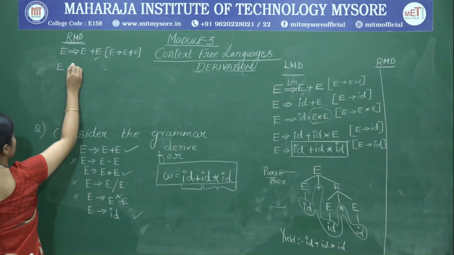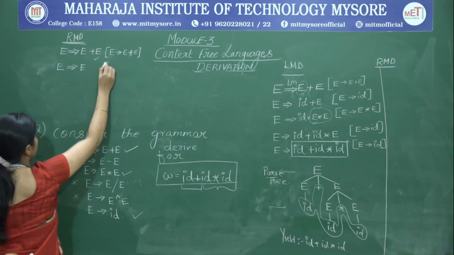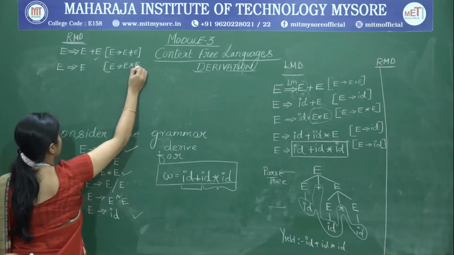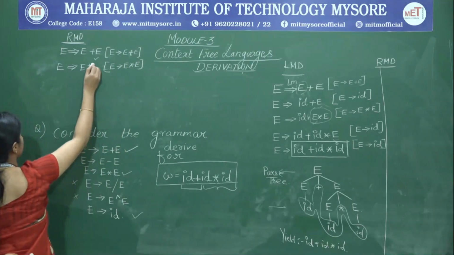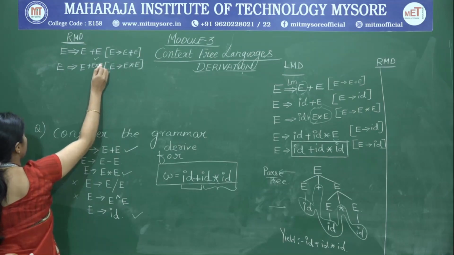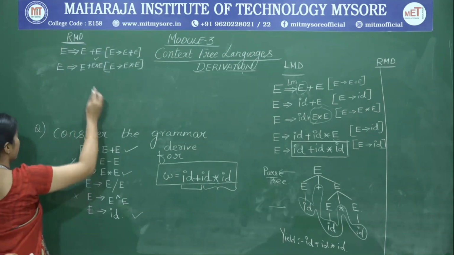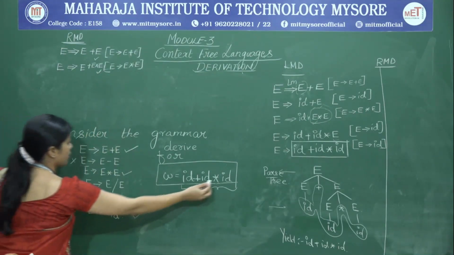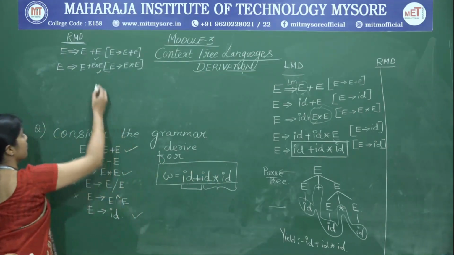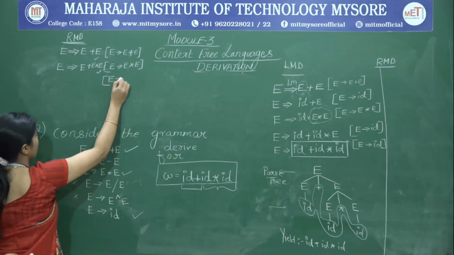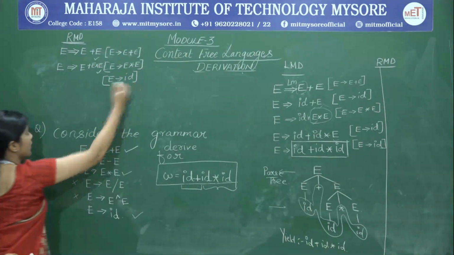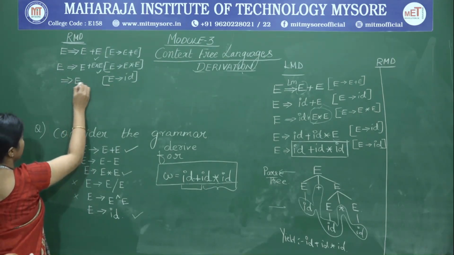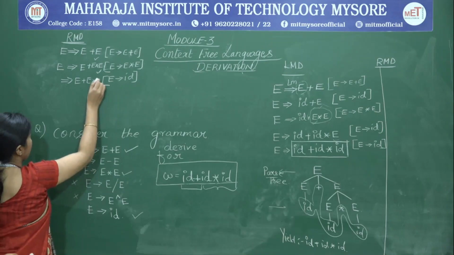First time I have used E plus E. So second time when we do the derivation, this E has to be replaced with E star E. So plus E star E, that is what we write. Next we are going to determine which is the rightmost. So this is the rightmost, and what do we require in that place? We require an id in that place. So therefore E goes to id. If it is E goes to id, then E plus E star id.